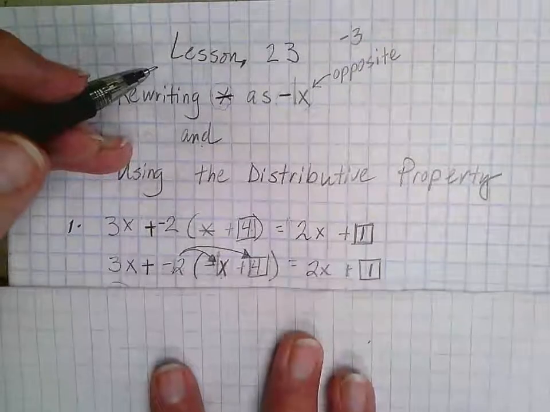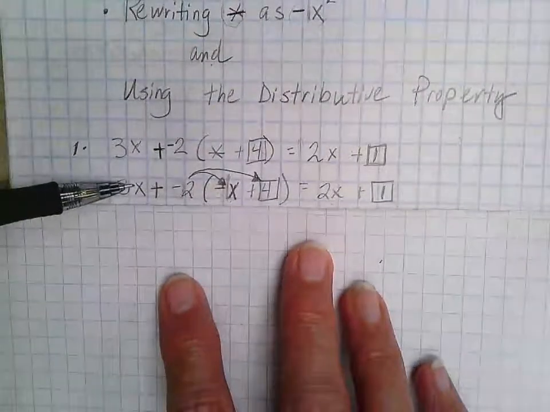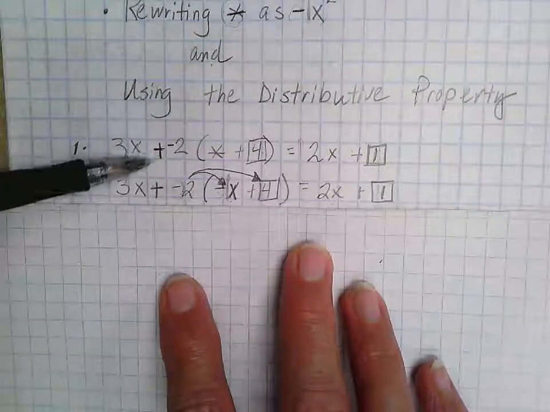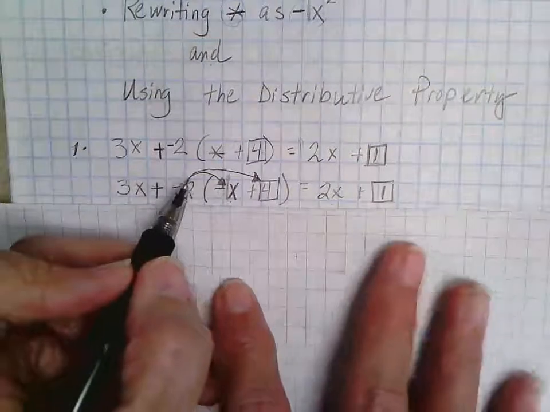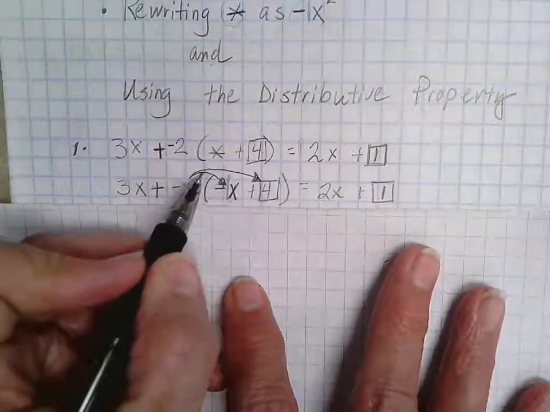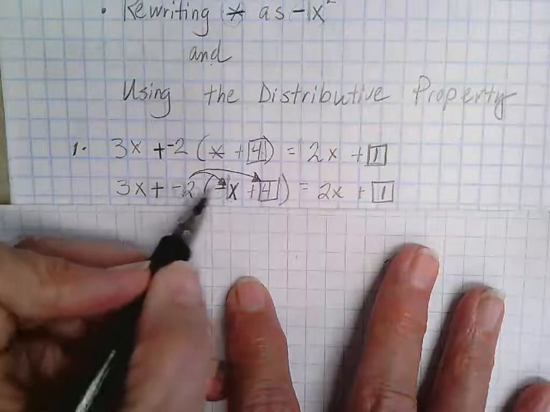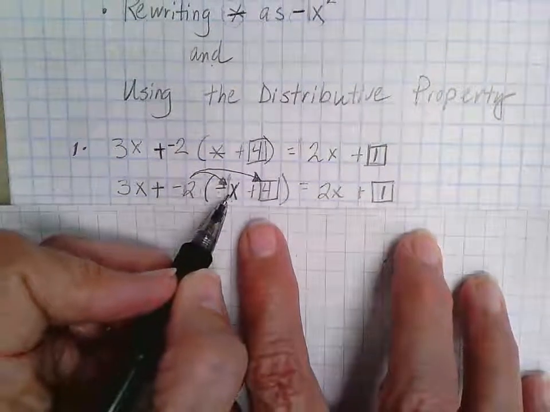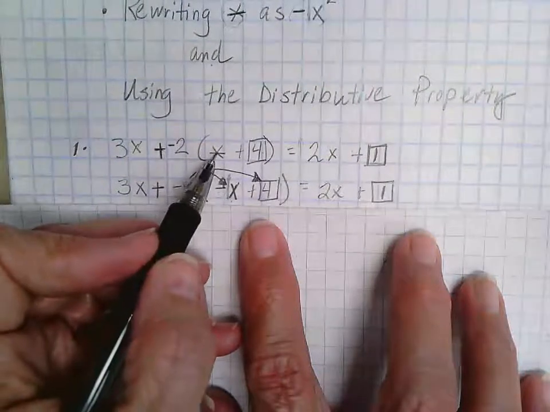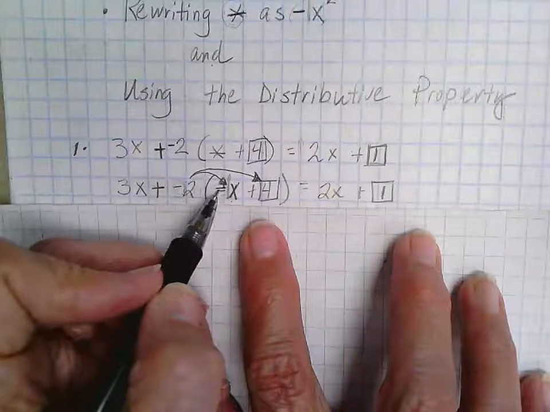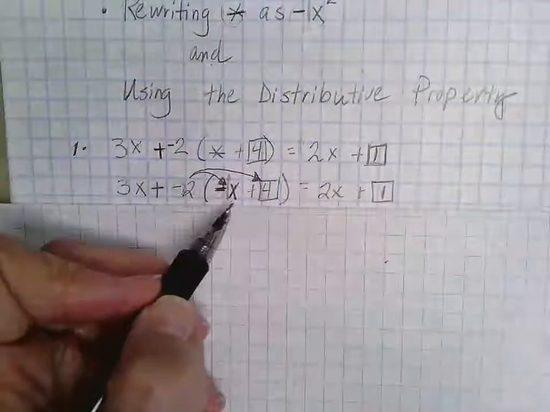So on this next line, I have rewritten the equation with the addition and the negative 2, and I have drawn the arrows showing that I'm going to be distributing this negative 2 throughout the parentheses. I also rewrote this star as negative x, or the opposite of x.